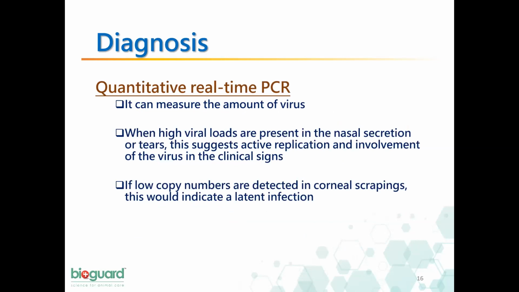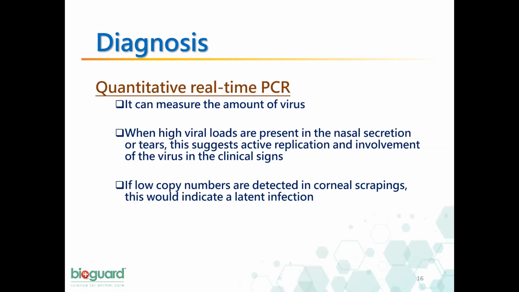So for this purpose, we can modify the PCR to quantitative real-time PCR, which can give you more reliable results as it can measure the amount of virus. So when there is a high viral load present in the sample, suppose nasal secretion or tears, it can give you an idea that there is an active replication or a real involvement of the virus because of what clinical signs are happening.